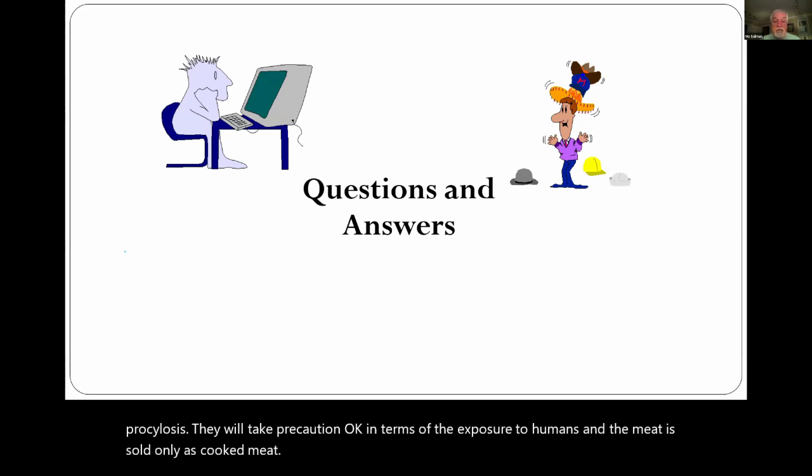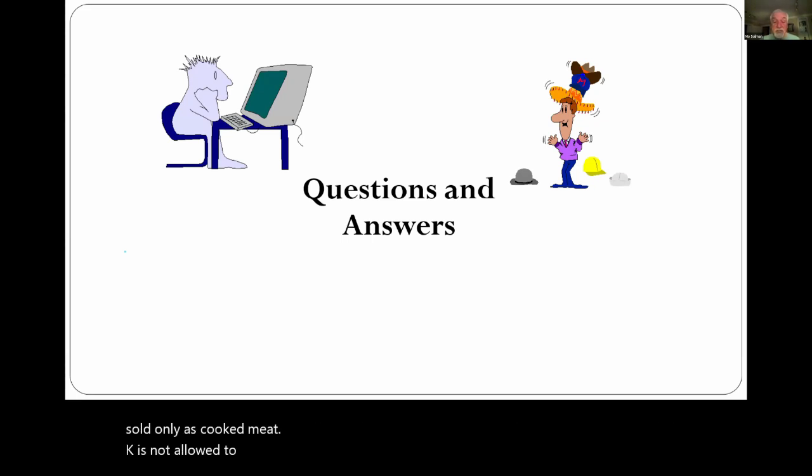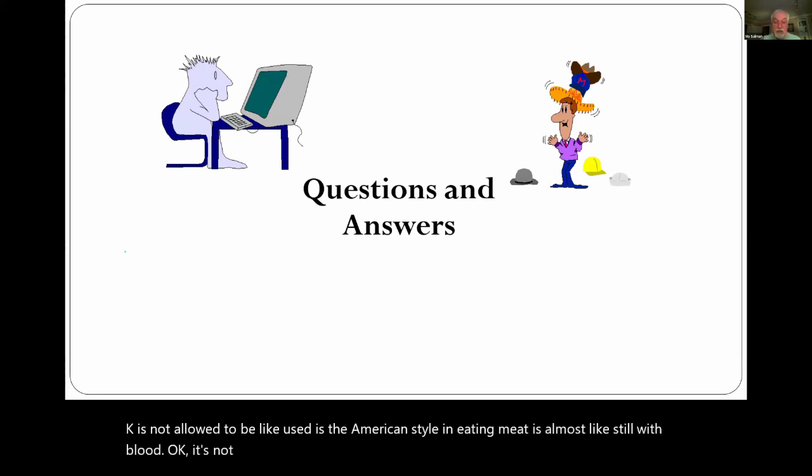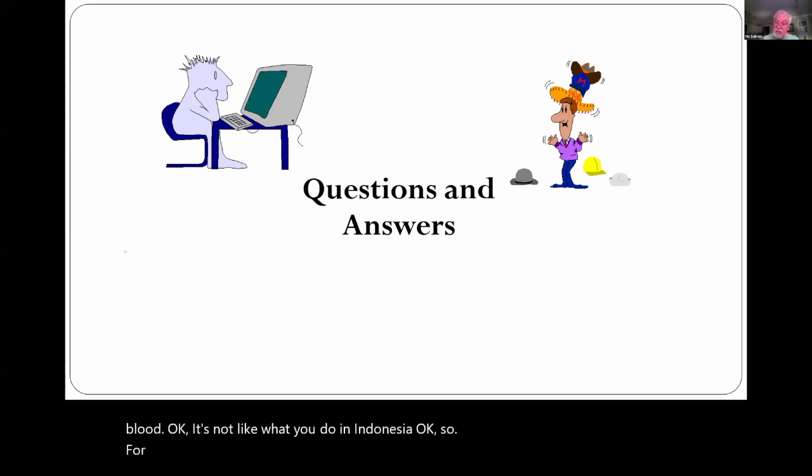The American style of eating meat is almost still with blood, not like what you do in Indonesia. So for that purpose it is labeled in that way. Fortunately, there are not so many cases.